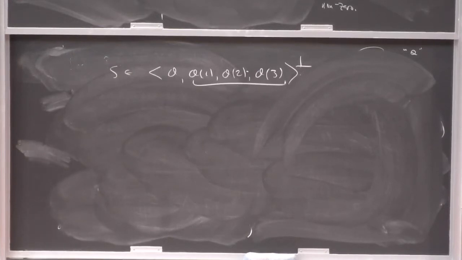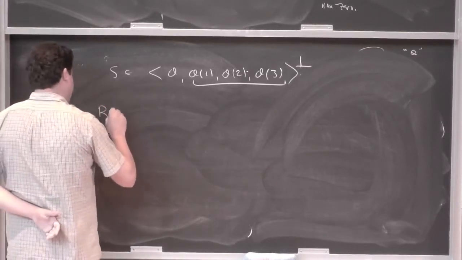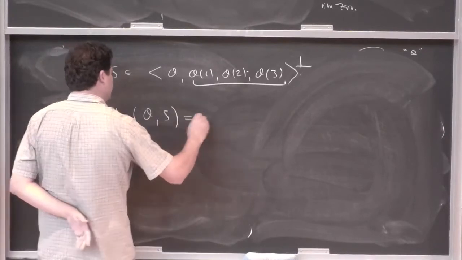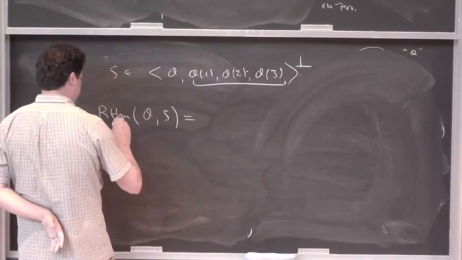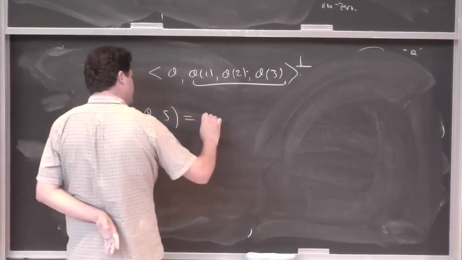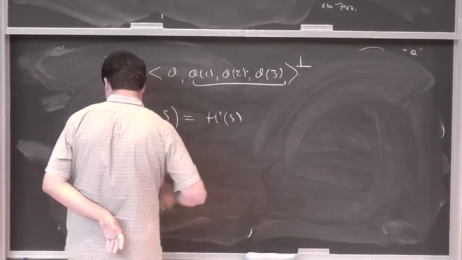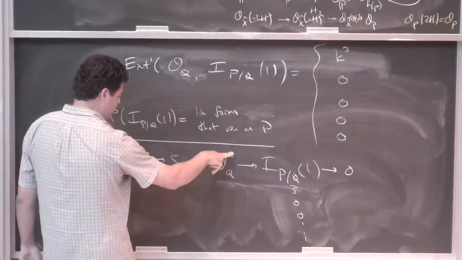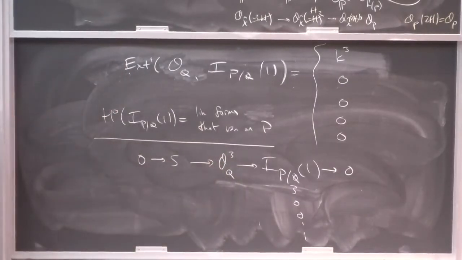On the other hand, Hom from O to S is, Ext from O to S. This is the cohomology of S. And we just figured out this thing has cohomology 3, 0, and 0. This one is 3 copies of OQ. Right?